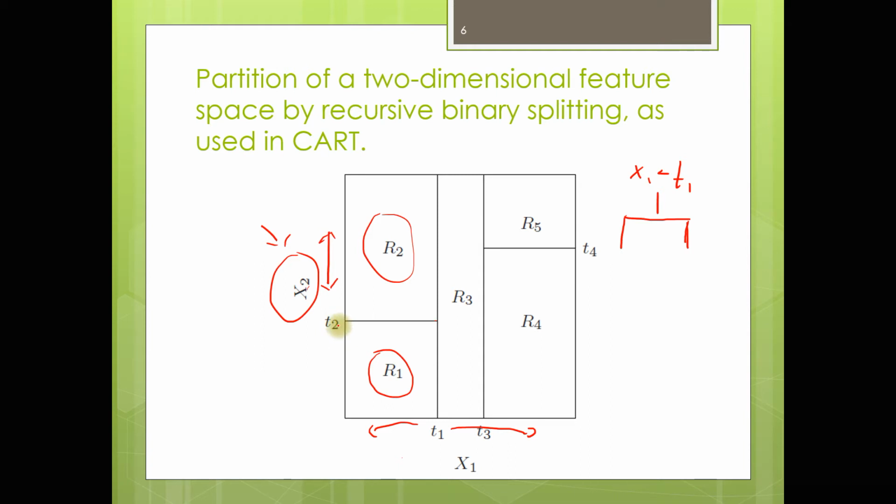One part is for values greater than t2 and one part for values less than t2. So in other words, if x1 is less than t1, x2 can also be less than t2. If it is less than t2, you will get one region, R1. If it is greater than t2, you will get the region R2.